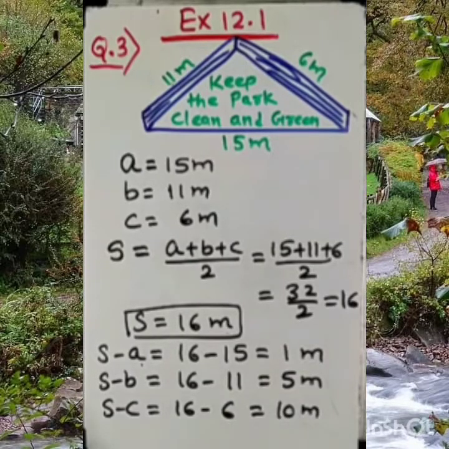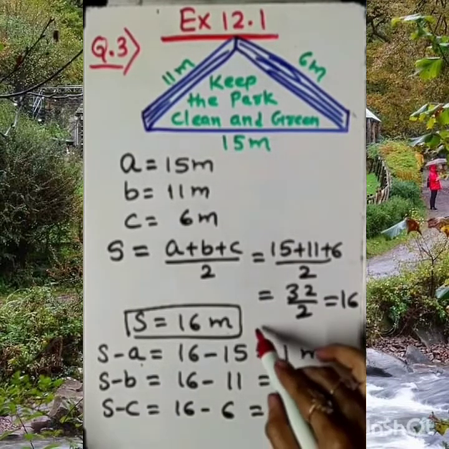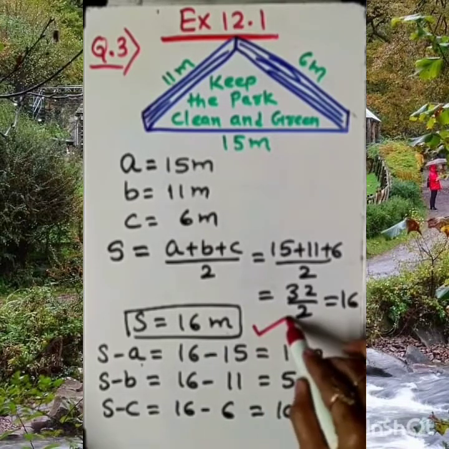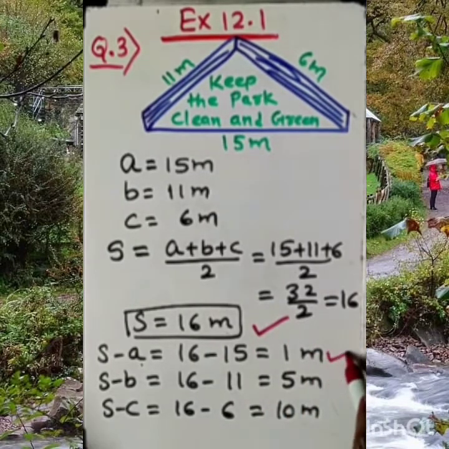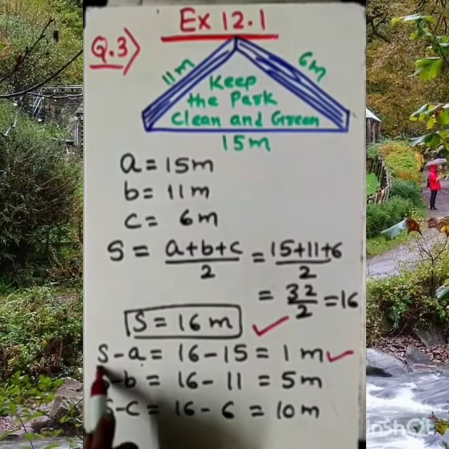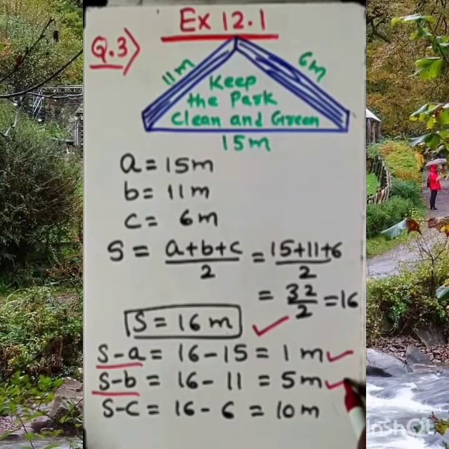So, my dear student, these four values will be useful in Heron's formula: S is 16 meter, S minus A is 1 meter, S minus B is 5 meter, and S minus C is 10 meter. Now let's apply Heron's formula to find the area of this given triangle.